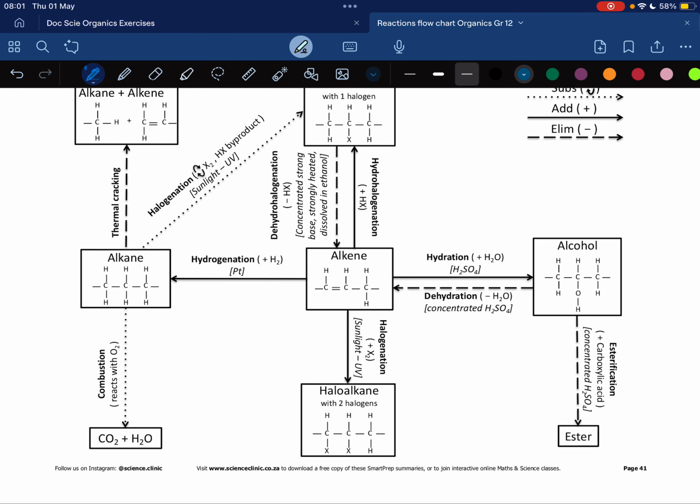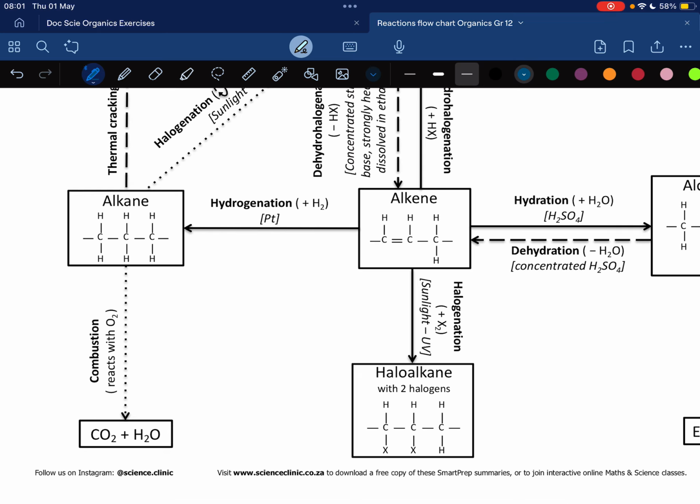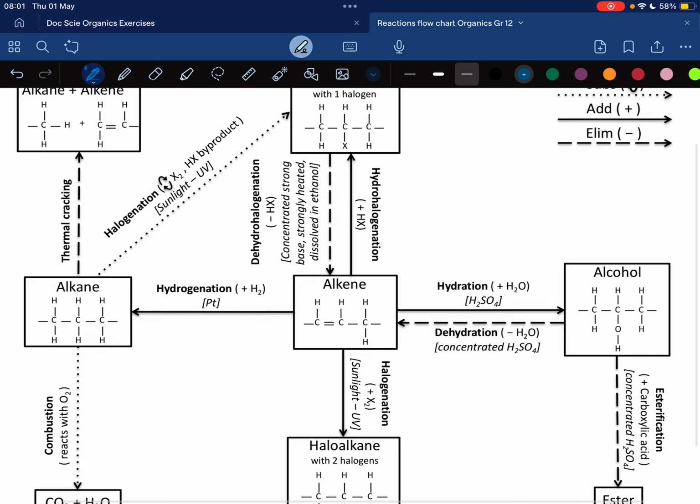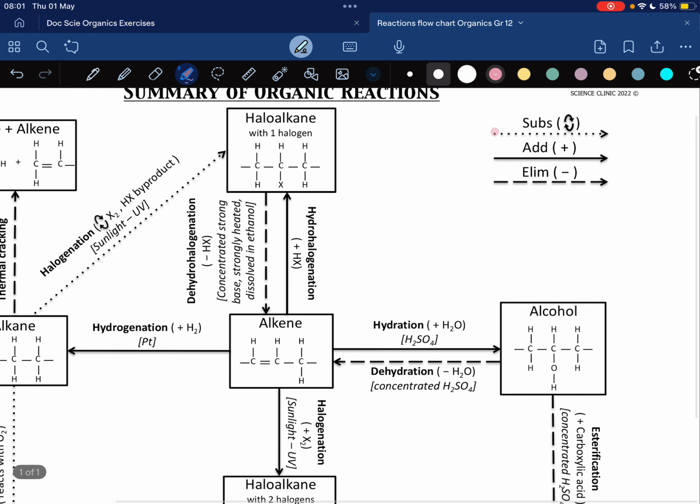Okay, so if we have a look here, the combustion, particularly in this type of reaction, only shows you the substitution reaction. So I'm going to make the substitution one red. Okay, substitution is the category of the reaction.